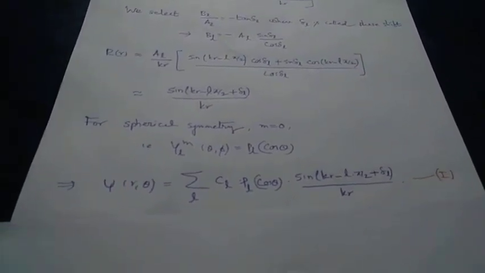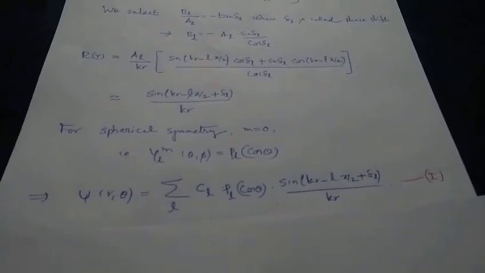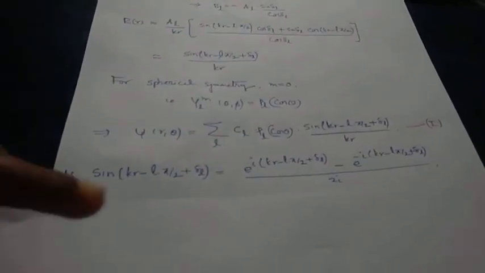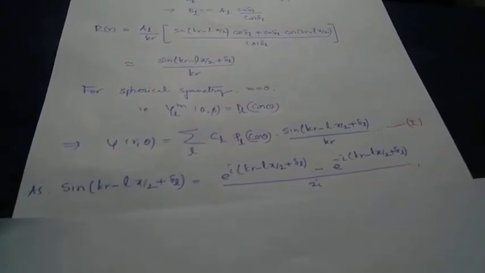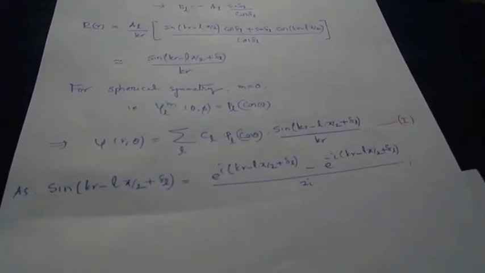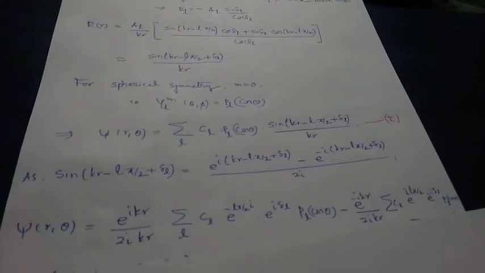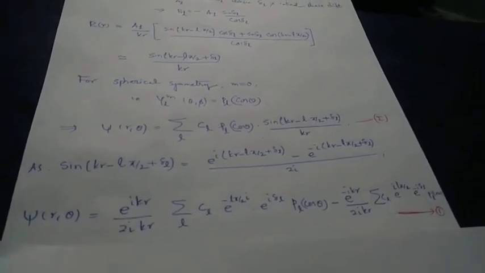We can call this equation number I. Since this sine function is an exponential i minus exponential minus i divided by 2i kind of expression, we can express equation I as this equation, which we call equation number 1.